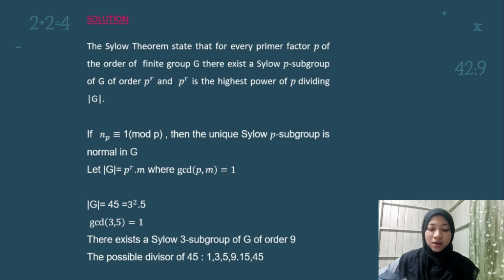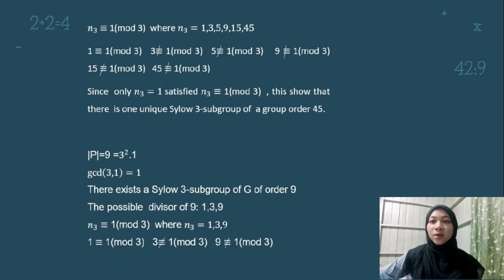The possible divisors of 45 are 1, 3, 5, 9, 15, and 45. From the possible divisors, we must check the congruence of each to get the unique Sylow 3-subgroup. So the concept is n_3 congruent to 1 mod 3, where n_3 is one of the possible divisors: 1, 3, 5, 9, 15, and 45.